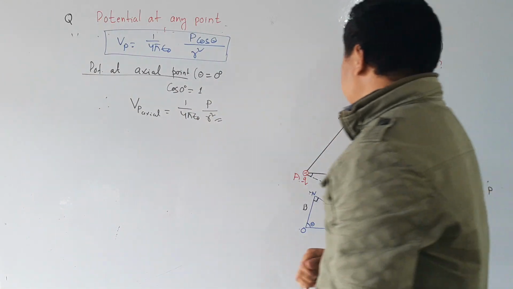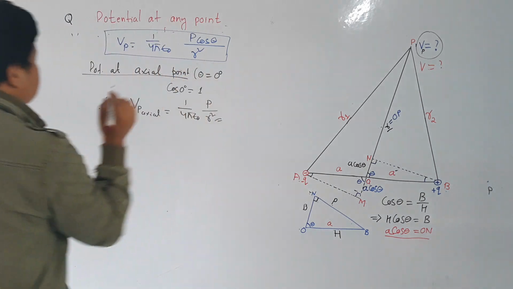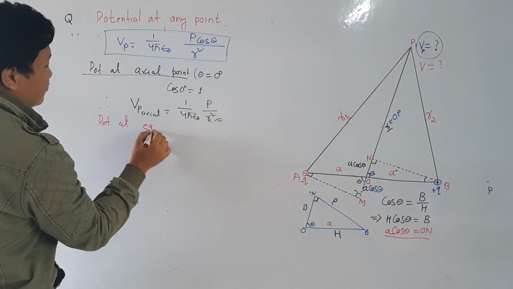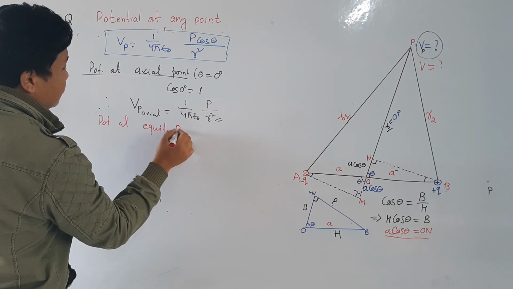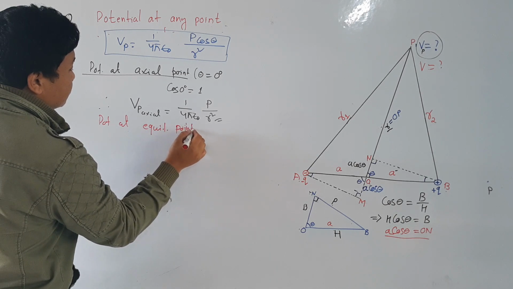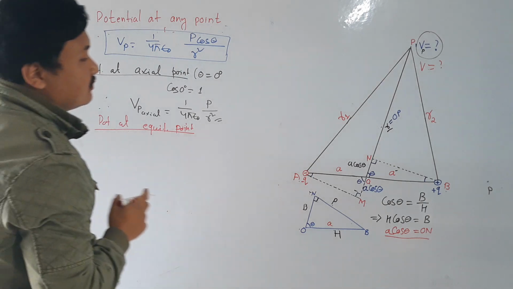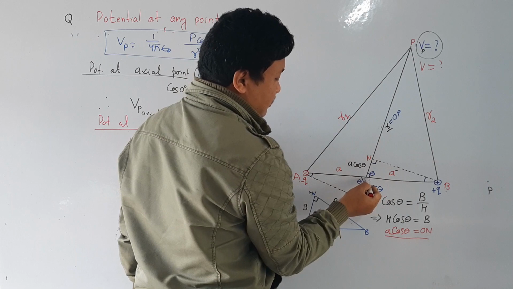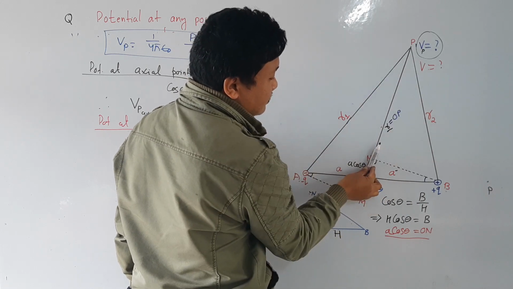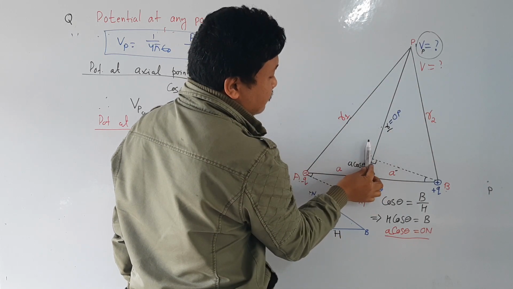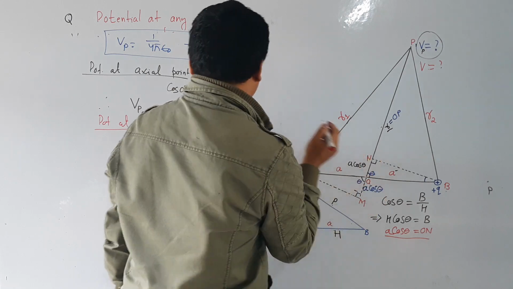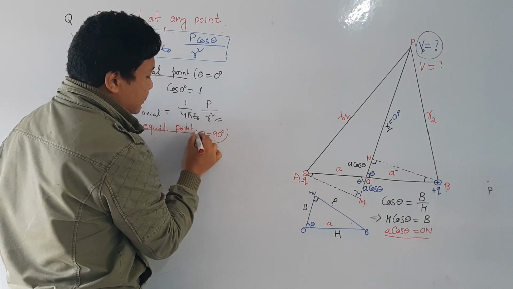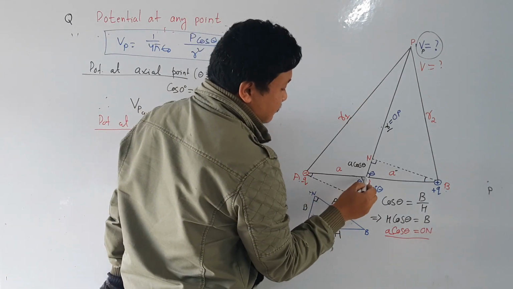Okay, next, now let me go to the potential at the equatorial point. Okay, so the equatorial point means it is somewhere here, isn't it? At this point, it is somewhere here like this. Now at the equatorial point, what will be the angle? The angle will be theta equal to 90 degree, because from the equatorial it is the midpoint.